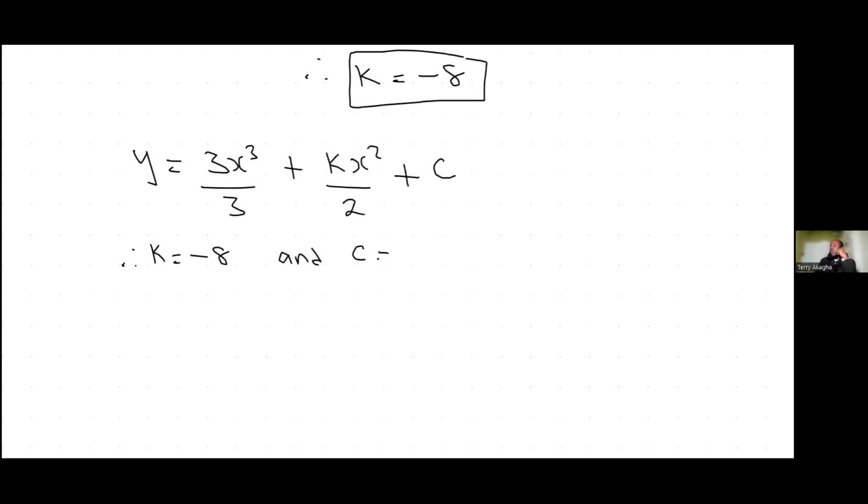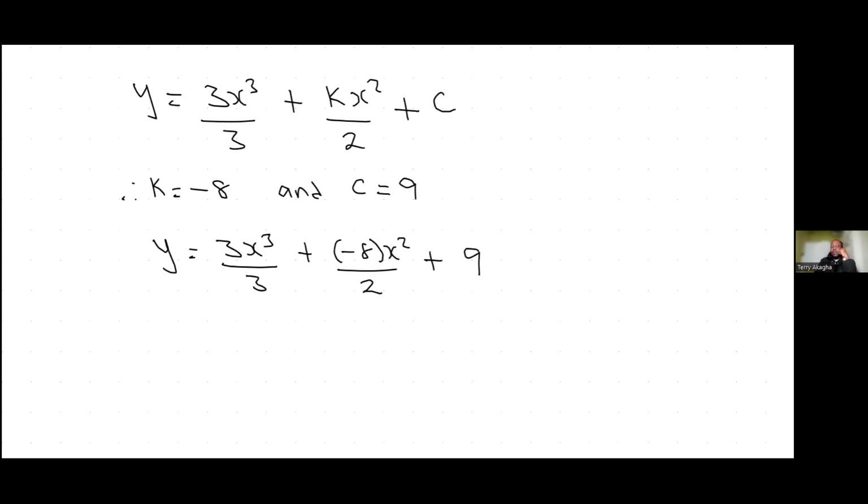So the y is going to be equal to 3x cubed over 3 plus -8x squared over 2 plus c, which is 9. Then you can simplify this further.